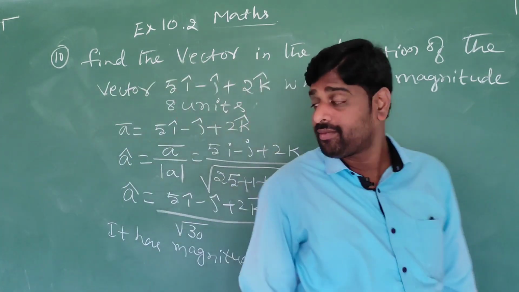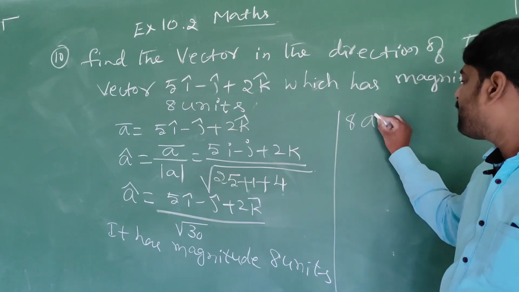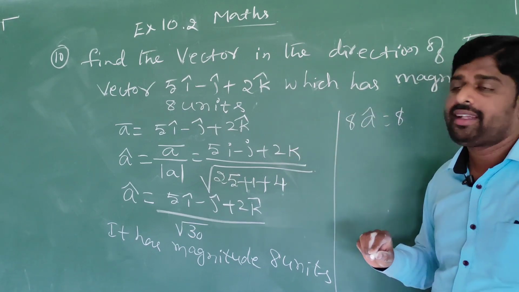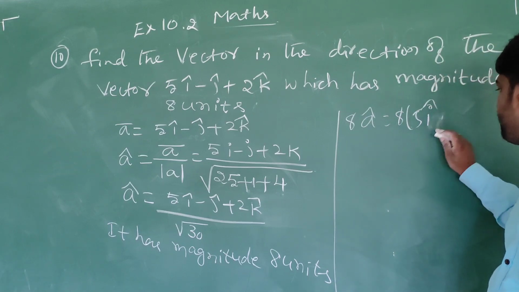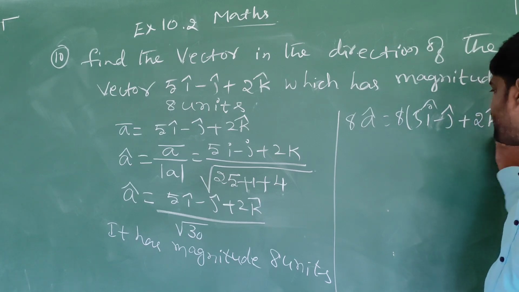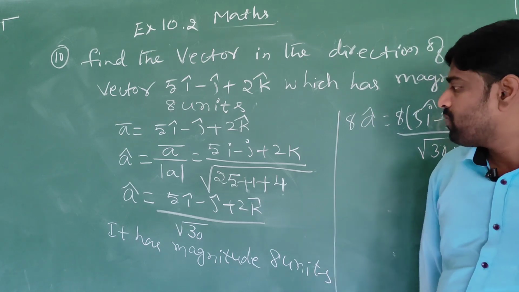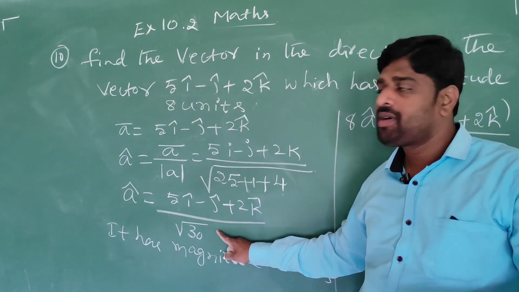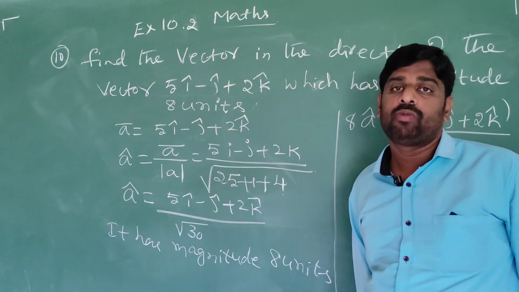That means 8 a cap is equal to 8 of 5i cap minus j cap plus 2k cap divided by root 30. For this one up to here 1 mark, for this one 1 mark. This is very important for a 2 mark question.